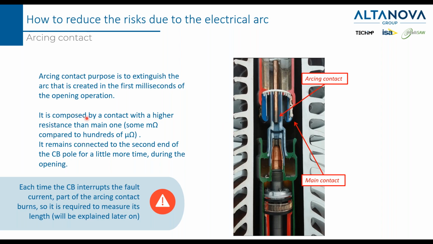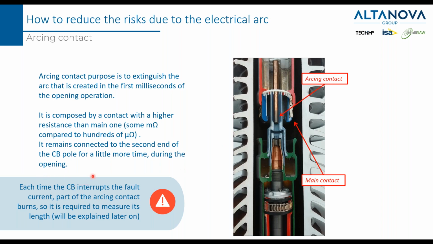It is composed of a contact with a little bit higher resistance than the main one. The main contact is in the range of microohms, whereas the arcing contact is some milliohms, and it remains connected for very few milliseconds during the switching operation.